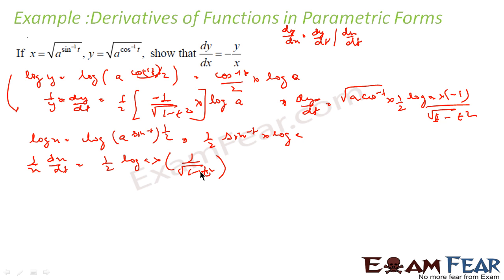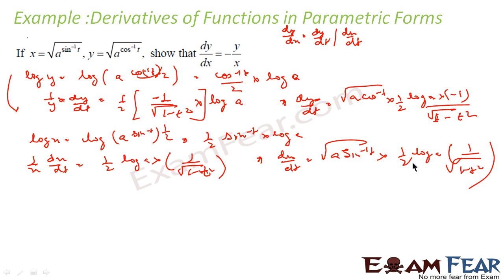Correct? So dx by dt is nothing but x, which is root a to the power sine inverse t, into the same thing, 1 by 2 log a into 1 by root 1 minus t square.